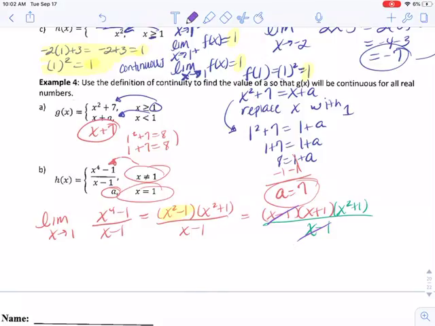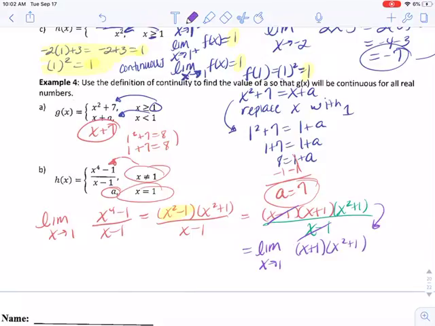So now I can plug 1 into this equation. All right, so to finish this off, let me write down what I have. This is the limit as x approaches 1 of x plus 1 times x squared plus 1.